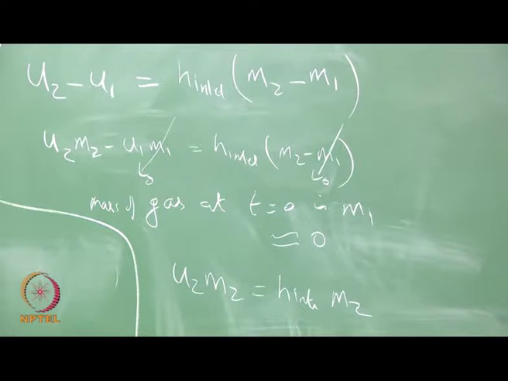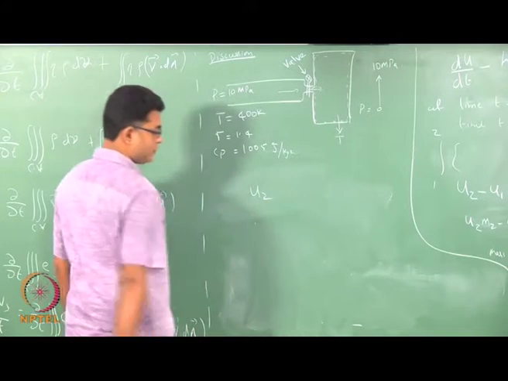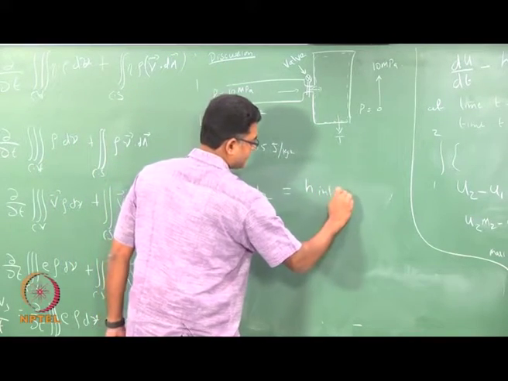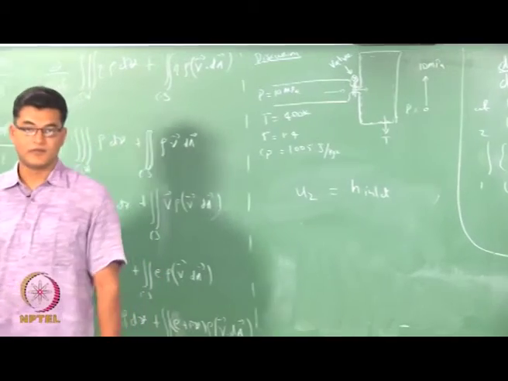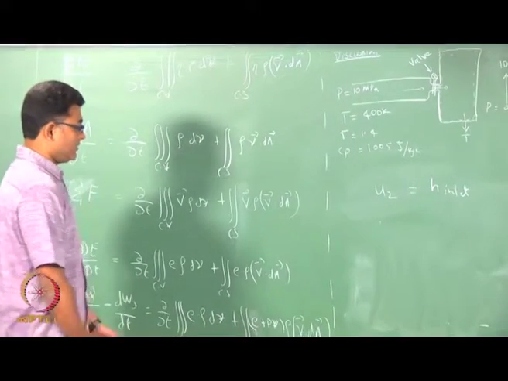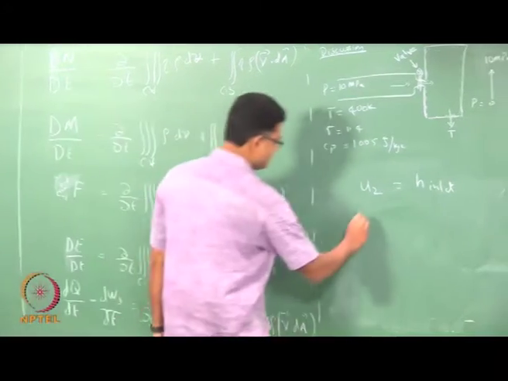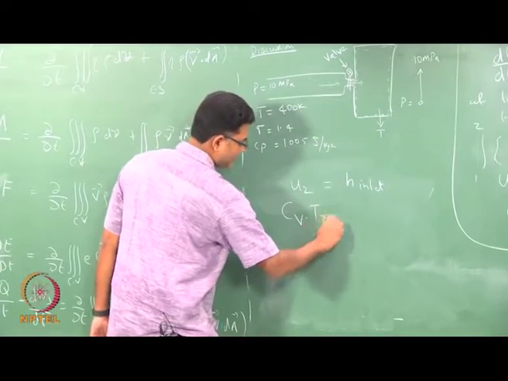So, now you have a simplified equation for this case which we are discussing, which is U2 equals H inlet. Okay. What is U2? CV T2.